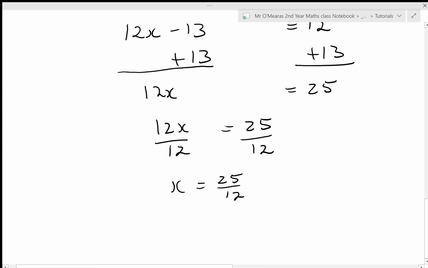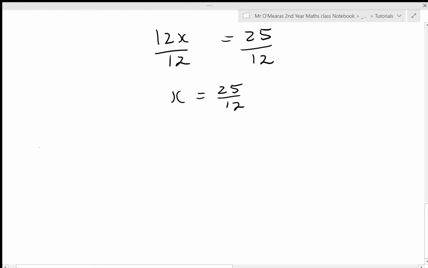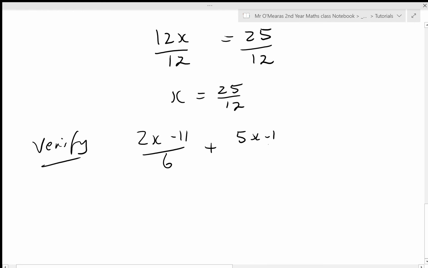Now you might ask, how do I know that that weird looking number is correct? As we know at this stage, we have to verify our answer. The original equation we were given to solve is 2x minus 11 over 6 plus 5x minus 1 over 3 equals 2. We take out the x and put in the value we just found.